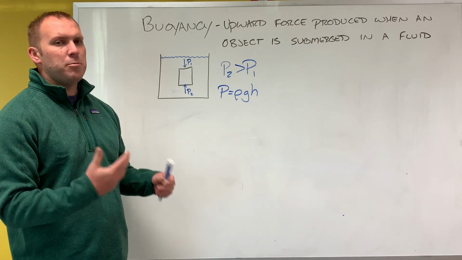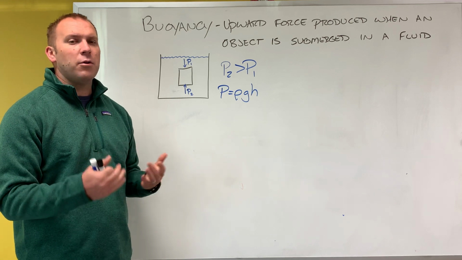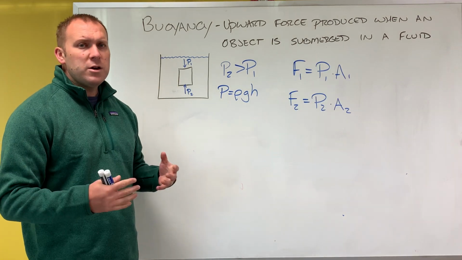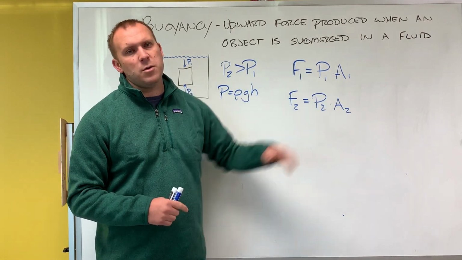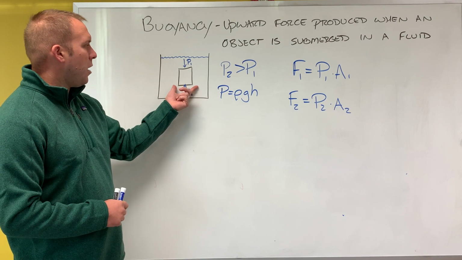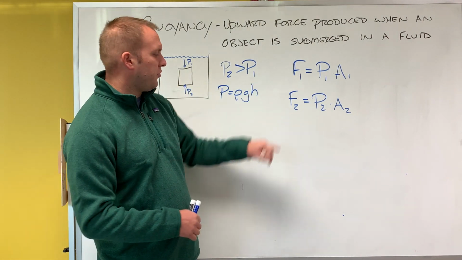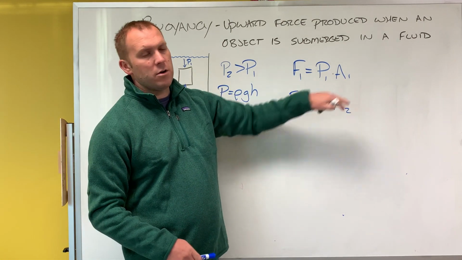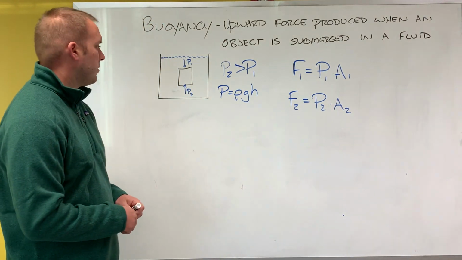So let's find the buoyant force based upon our pressures and see how there is a net force upwards in this circumstance. We know from the equation for pressure that force equals pressure times area. If we imagine an object which has an equal area on top and bottom, the force pushing down, force 1, would be pressure 1 times area 1, and the force pushing up would be pressure 2 times area 2.